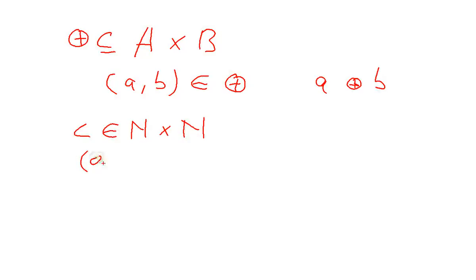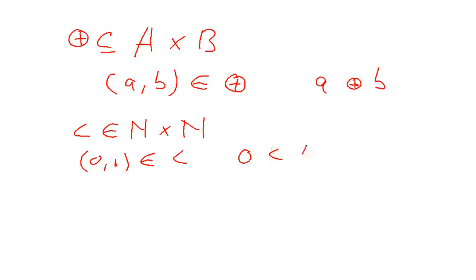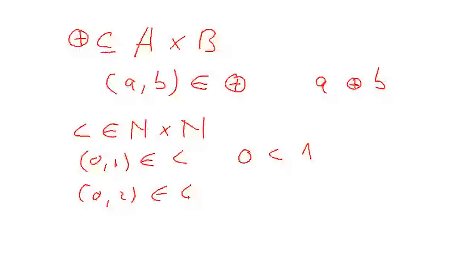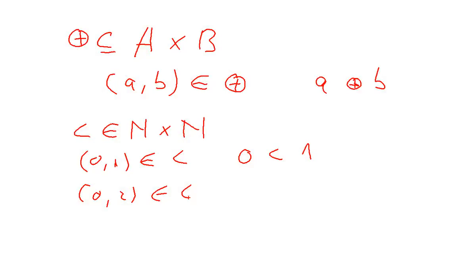Well, for instance, (0, 1) is in smaller than, right? As a result, we say 0 is smaller than 1, right? (0, 2) is in smaller than. The only way to specify the smaller than relation is actually to enumerate all the elements in it, okay? And that happens internally in our mind. We have already learned what this relation is, and we just use it.